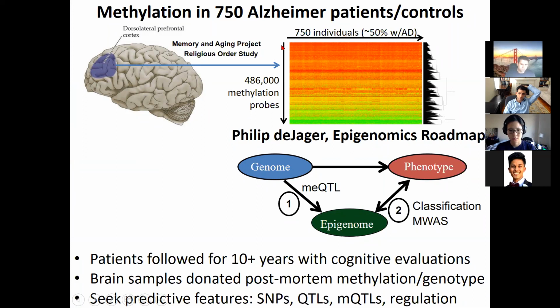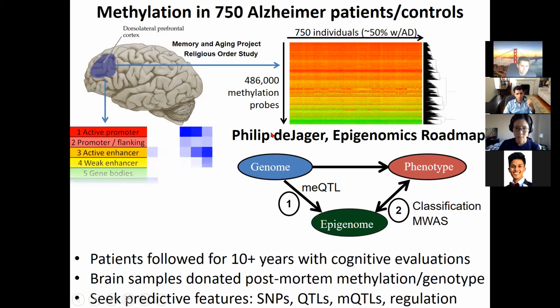So you have hundreds of thousands of methylation probes, and then hundreds of individuals, half of whom have the particular disease phenotype. That's the basis of a QTL study. You're measuring thousands of genes or hundreds of thousands of epigenomic elements across dozens and sometimes hundreds of individuals.